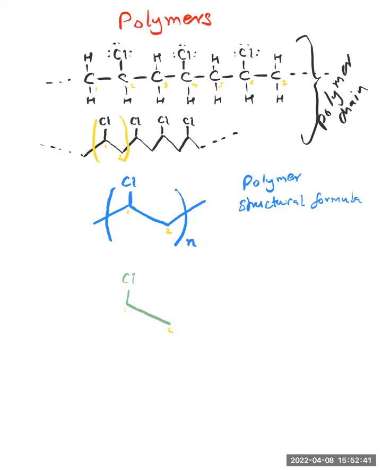Now instead of drawing 2 bonds coming out of the first and second carbon, in the monomer we draw a double bond between those two atoms, and that is called the monomer.